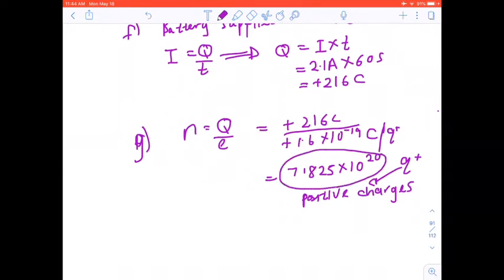In terms of charges, it's a lot of charges moving through at the positive terminal, but that's equivalent to only 216 coulombs.